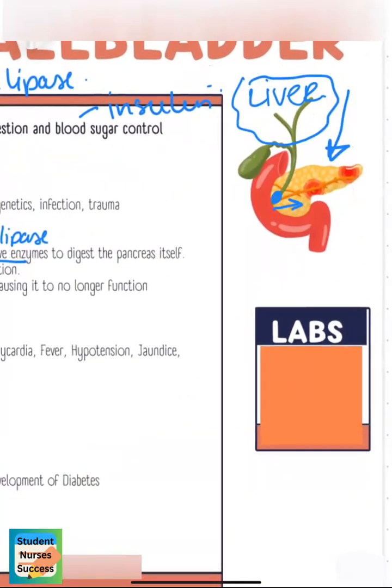In this picture, you can see this duct should drain the amylase and lipase, but if it starts to back up, they start to leak into the pancreas. Amylase and lipase are digestive enzymes, so it starts to digest the actual pancreas. It's almost like an auto digestion, and that causes a lot of pain.